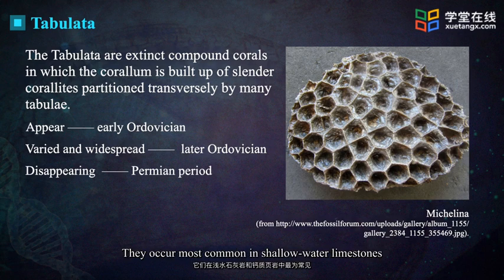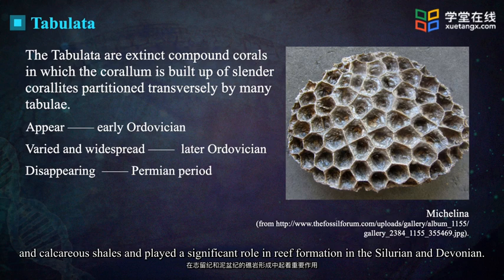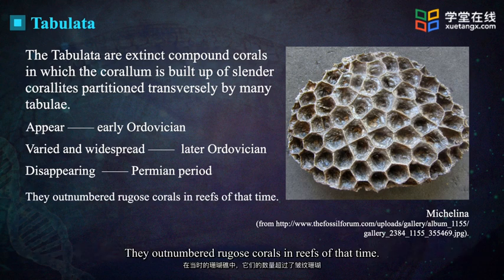They occur most commonly in shallow water limestones and calcareous shales, and played a significant role in reef formation in the Silurian and Devonian. They outnumbered rugose corals in reefs of that time.